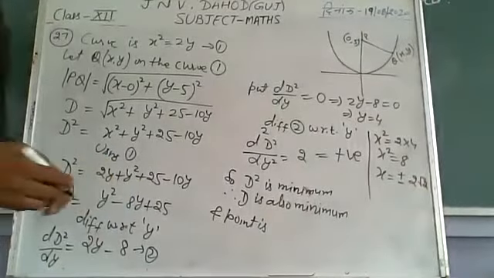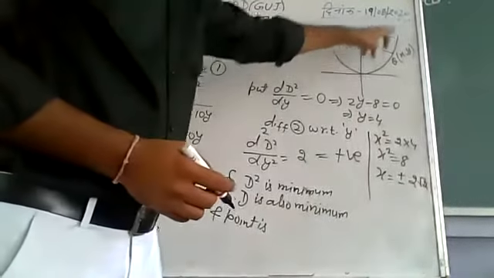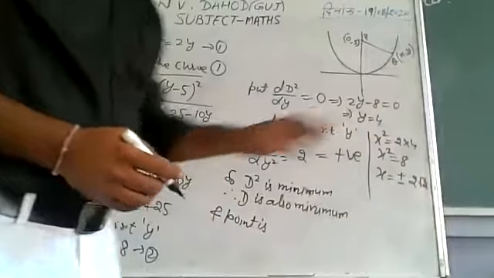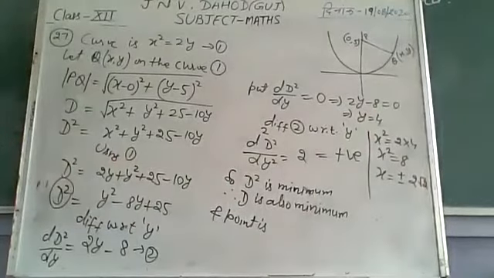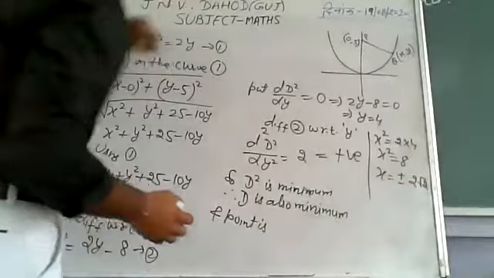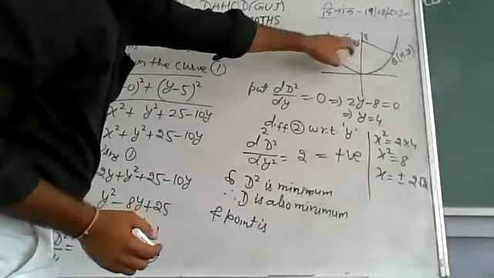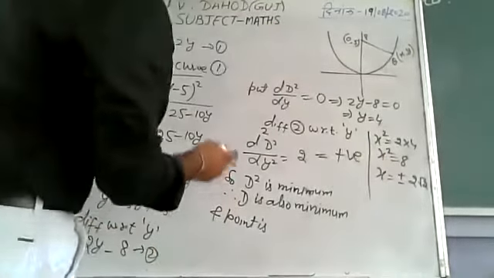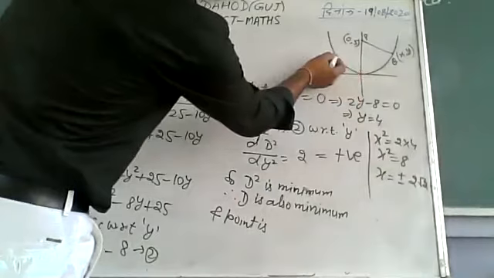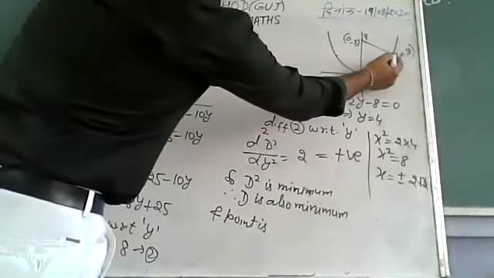Okay, but as the parabola is in the positive direction, we will take only the positive 2 root 2. We will not take negative 2 root 2. Because the point 0, 5 is on the y-axis, the point can be at plus 2 root 2 or minus 2 root 2, here and here.